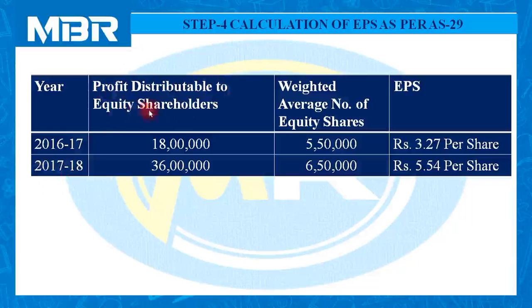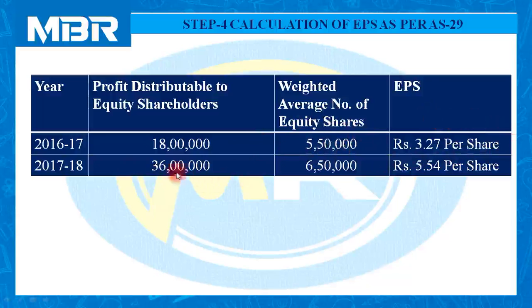Profit distributable to equity shareholders. For the year 16-17, profit is 18 lakhs. And for the year 2017-18, 36 lakhs. Weighted average numbers of equity shares 5 lakhs 50,000 and 6 lakhs 50,000. So EPS is 18 lakhs divided by 5 lakhs 50,000 equals rupees 3.27 per share.